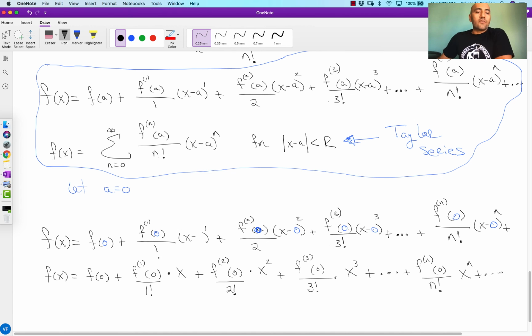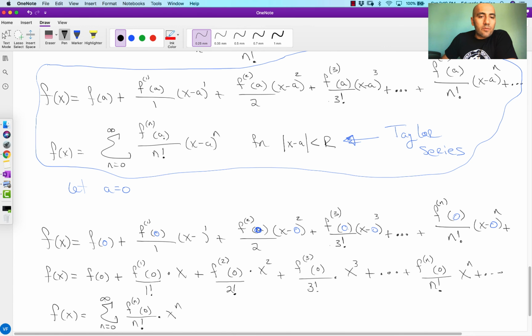Okay, so in the special case where we take a Taylor series and we let a equal 0, we'll end up with something that looks like this, and then that can be expressed using the summation as the sum as n goes from 0 to infinity of the nth derivative evaluated at 0 over n factorial times x to the nth power.